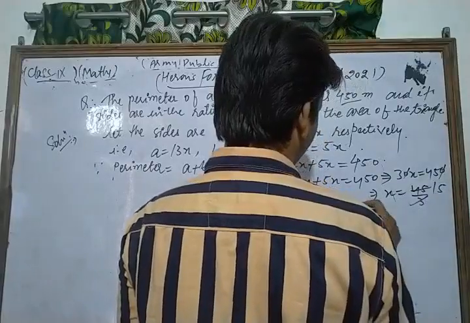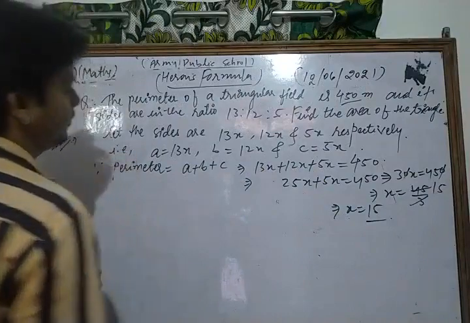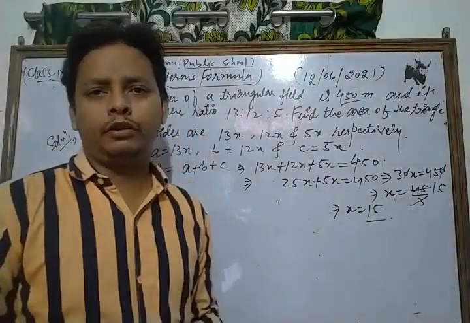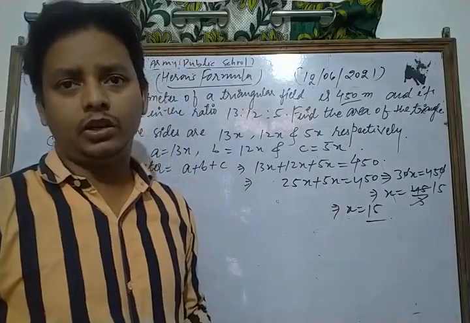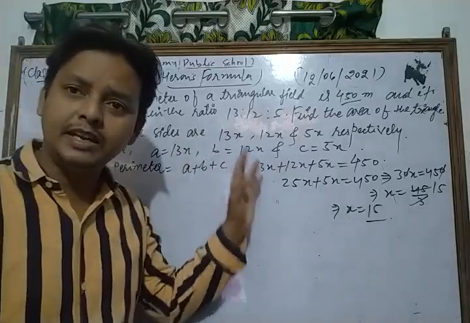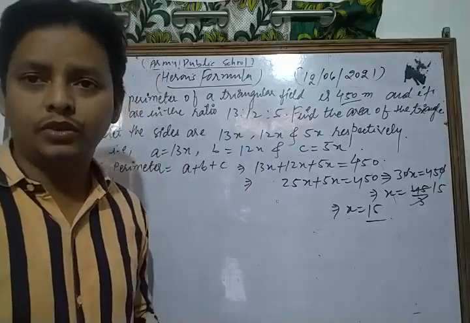So the value of x is equal to 15. Thus dear student, first of all we find the value of x. Now in this way we put the value of x in a, b and c, and we find all three sides of the triangle.